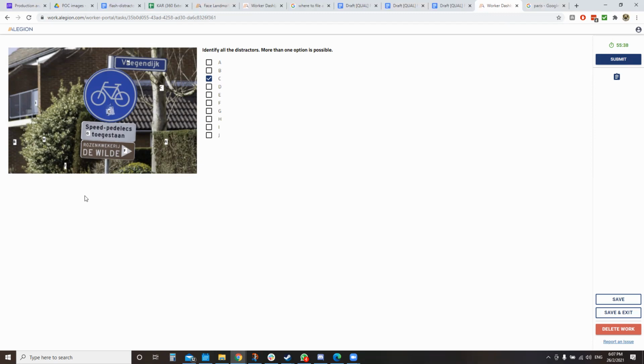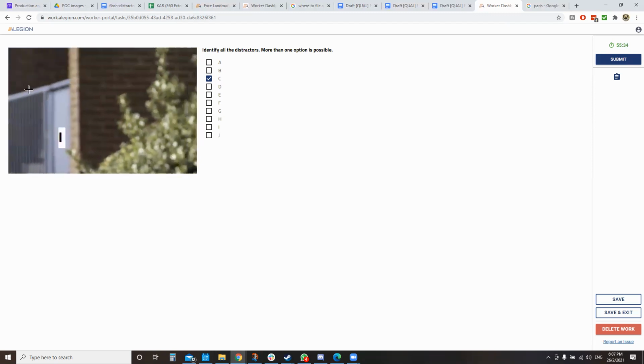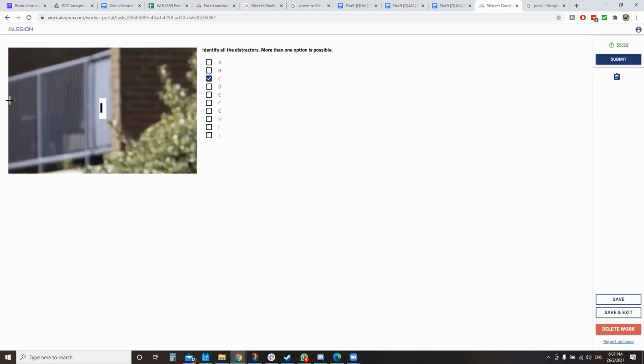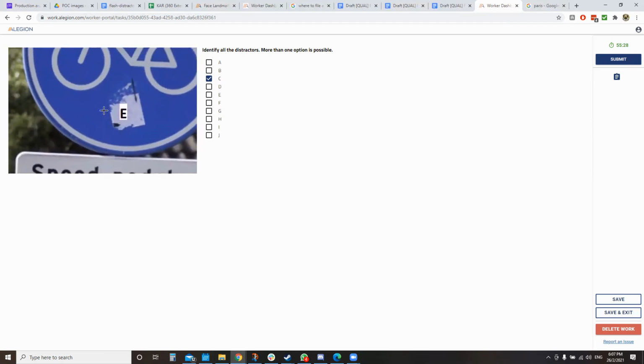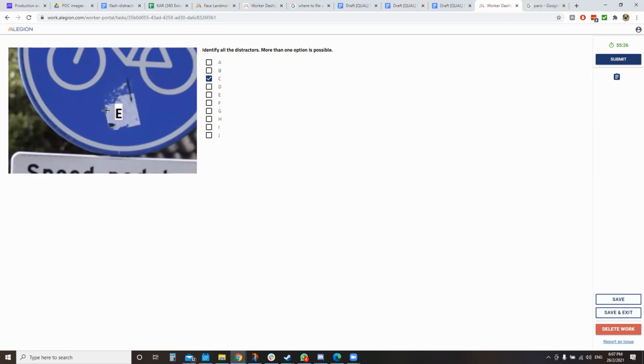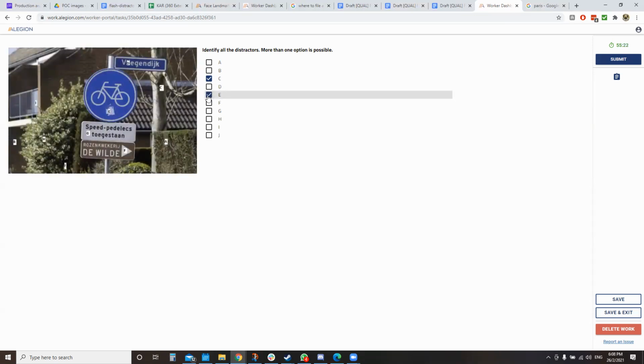That's a grill, Shavin, behind. This one? Yeah. Do you think this one is more like a distractor? Yeah, for sure, right?